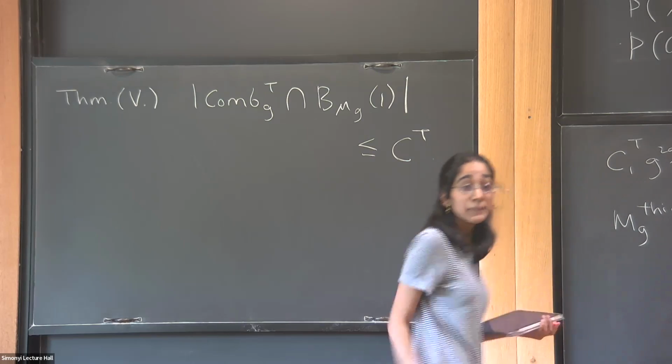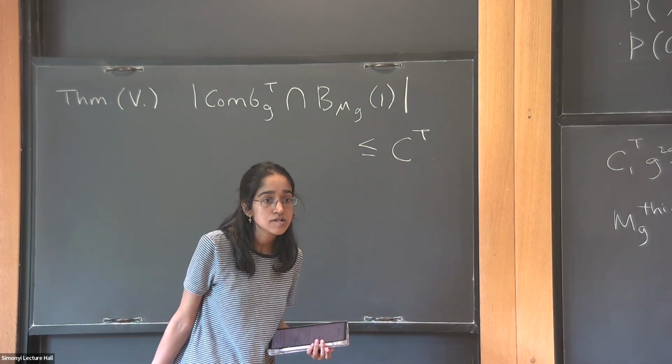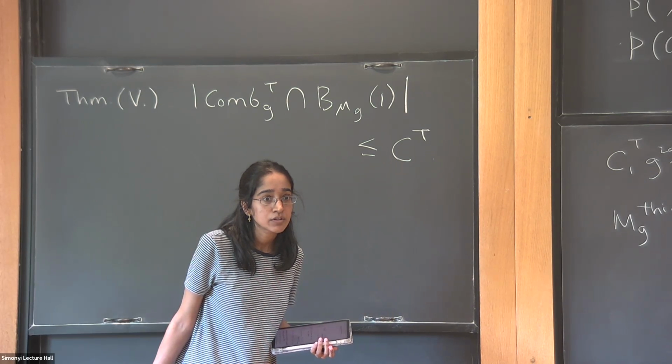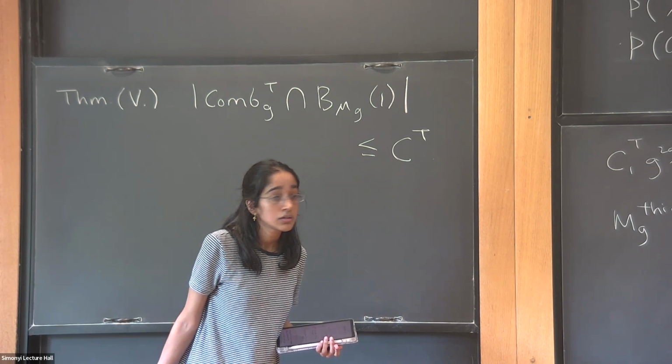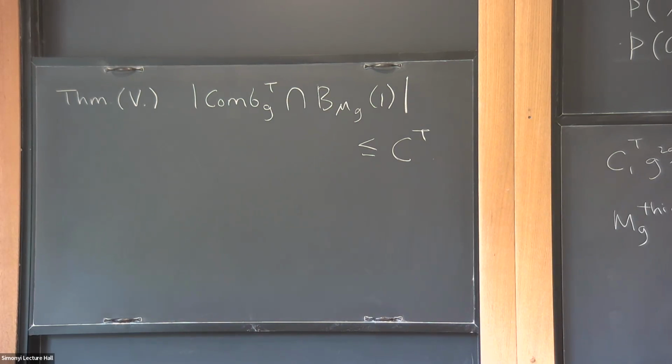You see, it's always assuming some proportionality. In this, we assume T is about 4G always. Oh, the top one? Yes, thank you, I forgot.